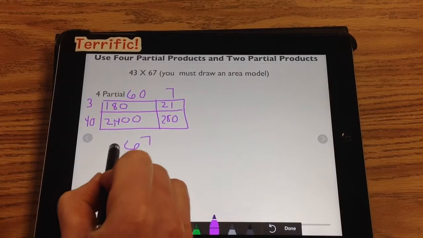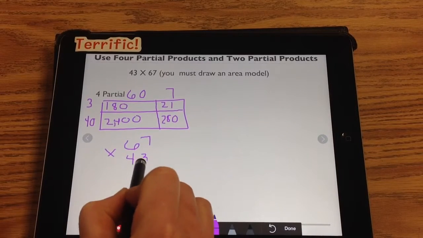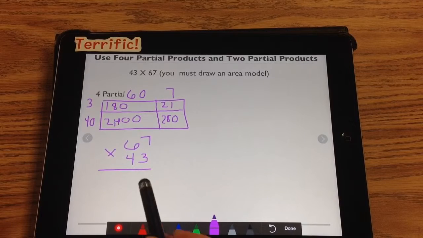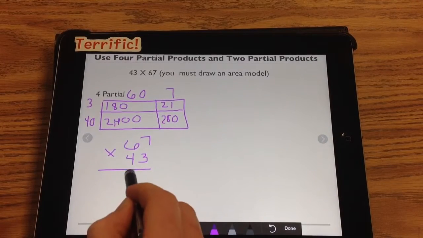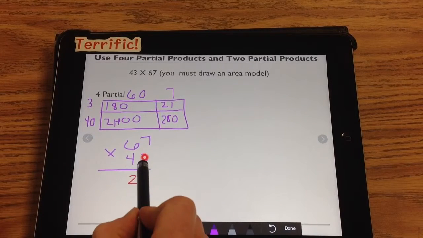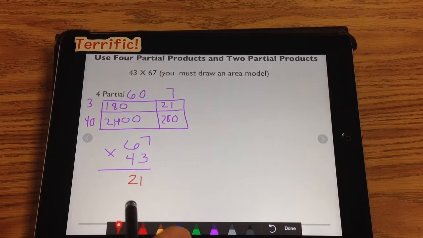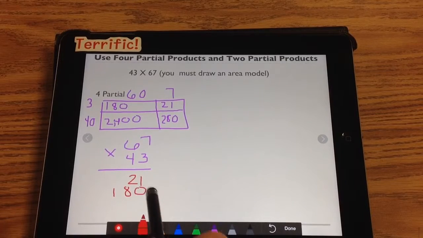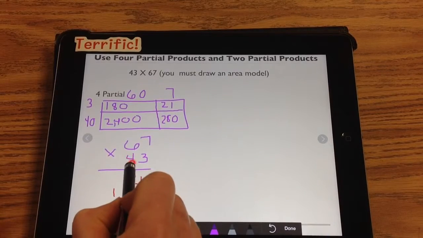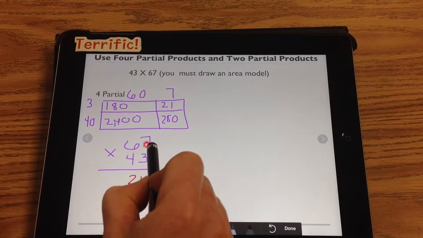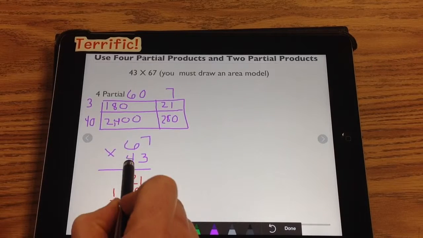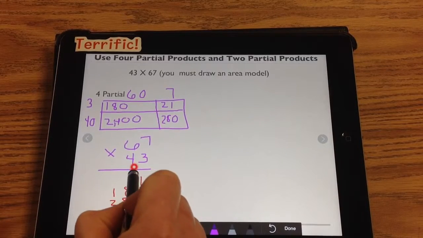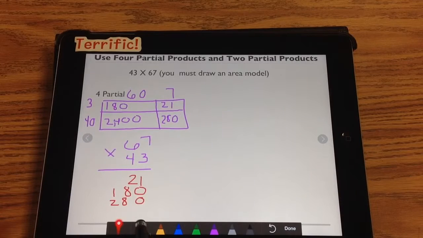What that looks like here is I broke it into components. I did 3 times 7 is 21. I did 3 times 6 tens, which is 18 tens. I did 4 tens, it's in the tens place, times 7 is 28 tens. And last but not least, the hardest one, 4 tens times 6 tens is 24 hundreds.